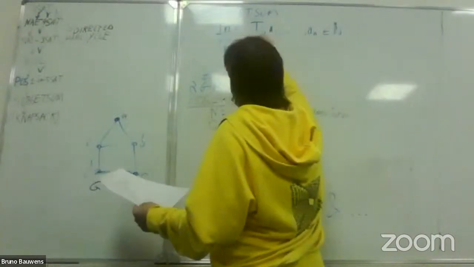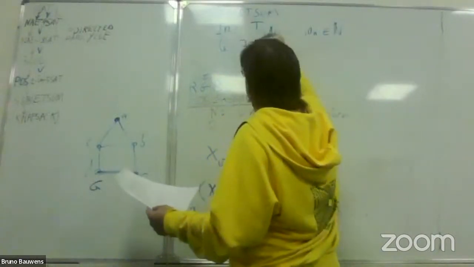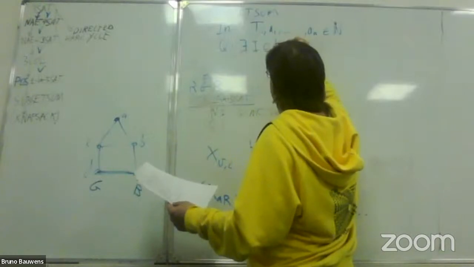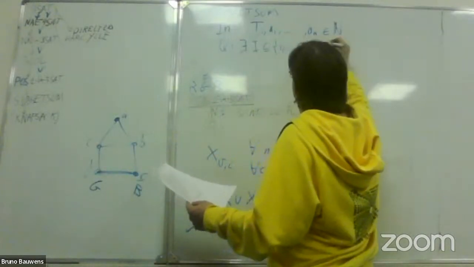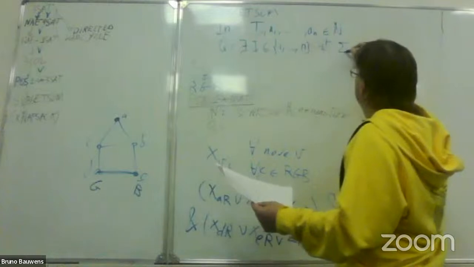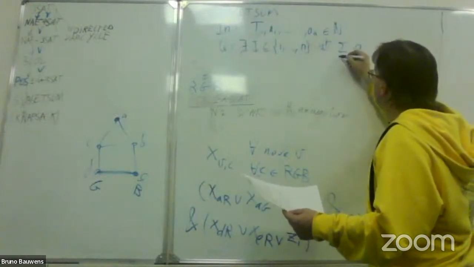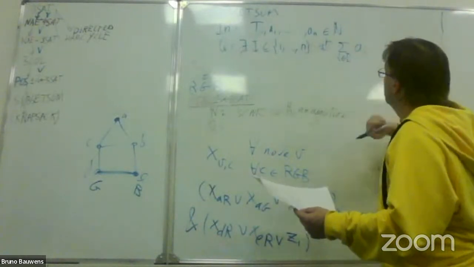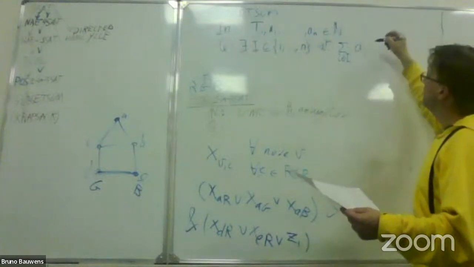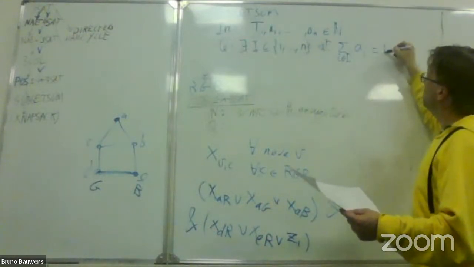And then the question: does there exist I, a subset of 1 to n, such that the sum of a_i for i in the subset is equal to T?